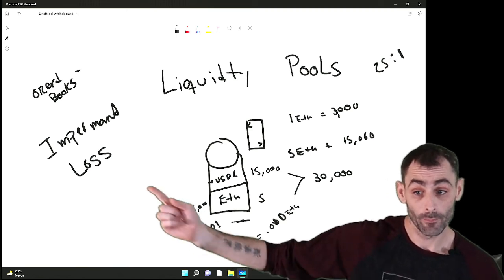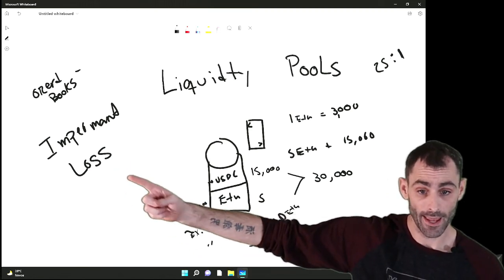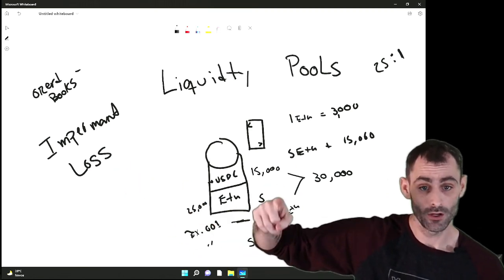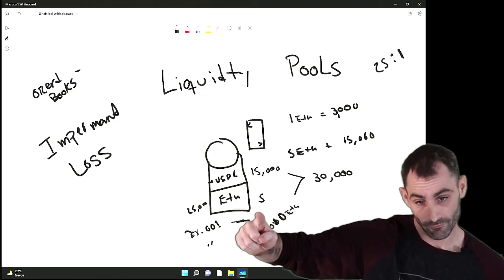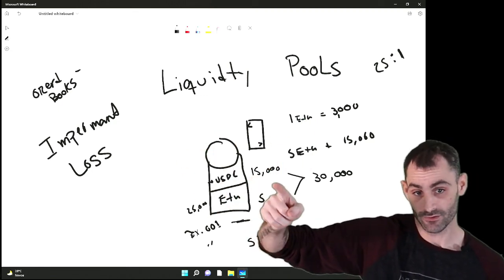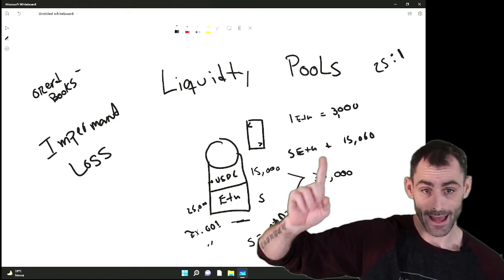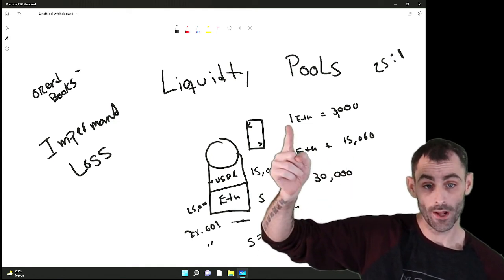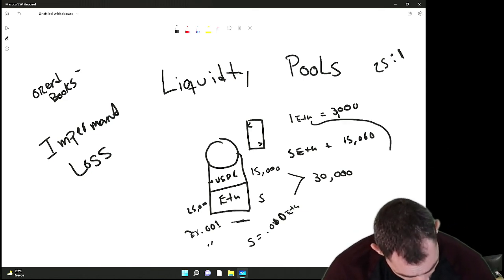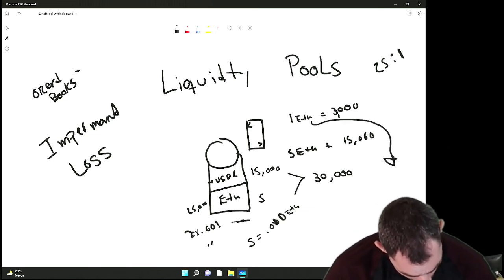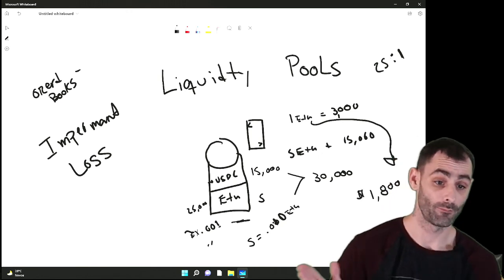All right. Now impermanent loss comes into play when you have this situation where whenever you provided liquidity to this pool, you provided 5 Ethereum and $15,000, and your 1 Ethereum was worth $3,000. So now if the price of Ethereum goes down, and let's say the price of Ethereum is worth $1,800, you have now just experienced impermanent loss.